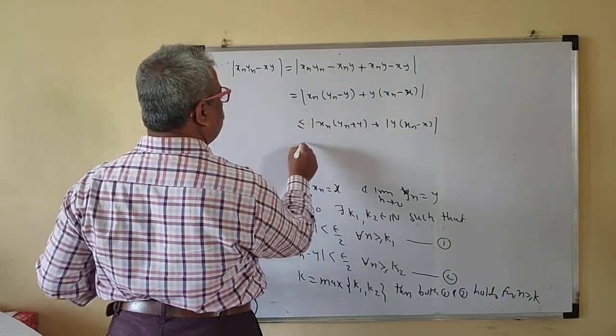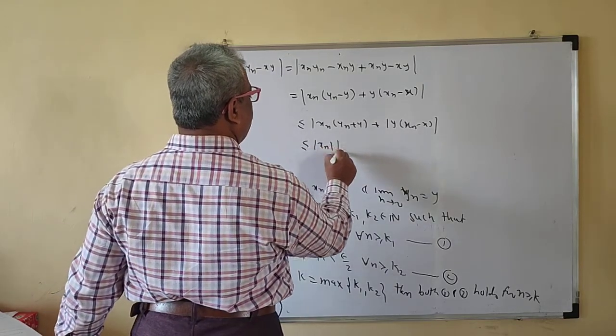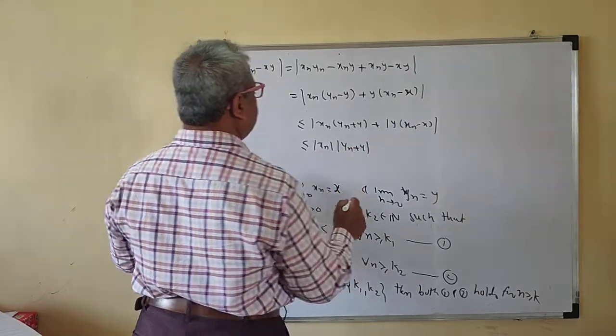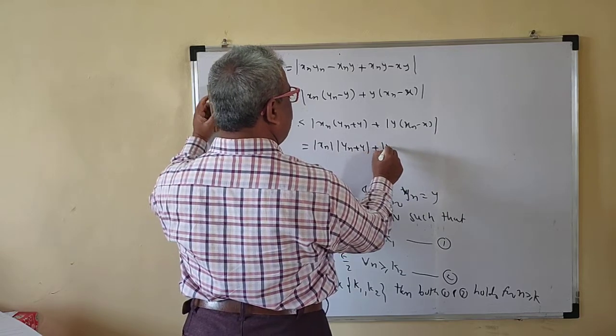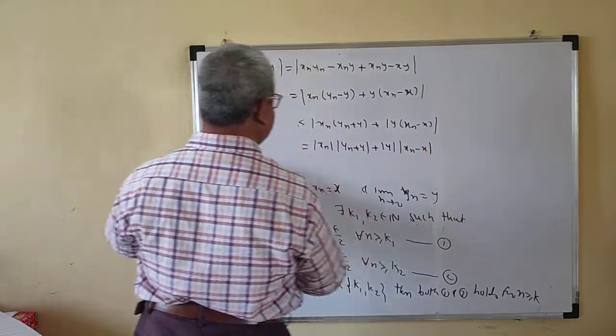Okay, so now this is less than or equal to mod of xn mod of yn minus y plus mod of y mod of xn minus x.